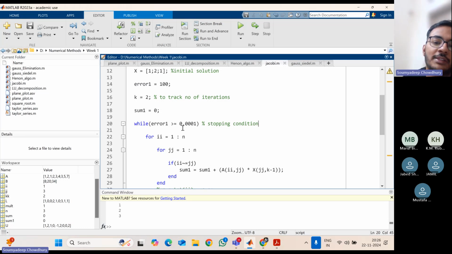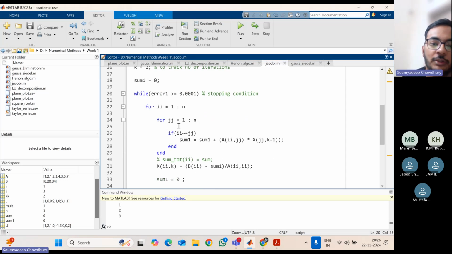So while our error is greater than or equal to 10 to the power minus 3, I am doing this entire operation. So this is for ii equals 1 to n, jj equals 1 to n, that is through the matrix. And here you need to understand one thing, why I am using ii not equal to jj.